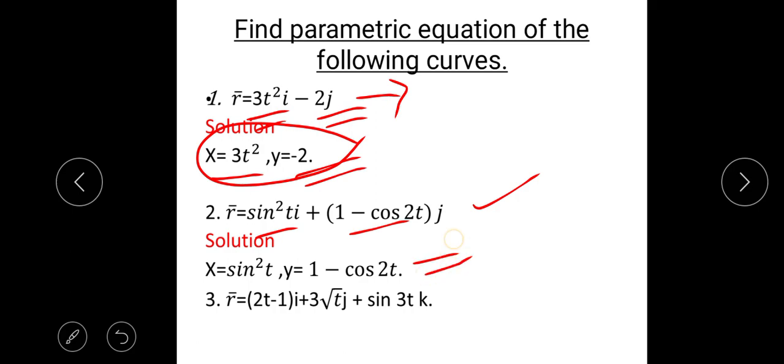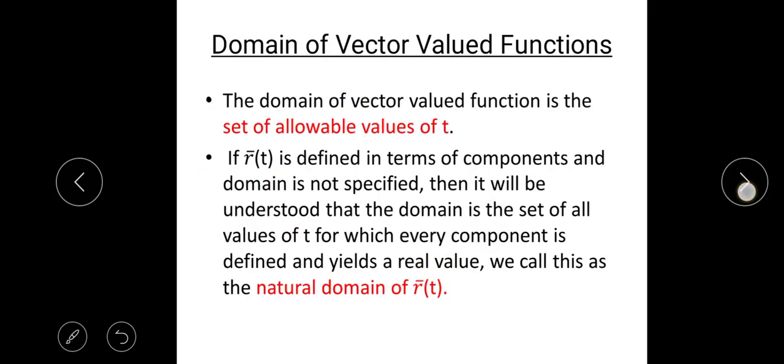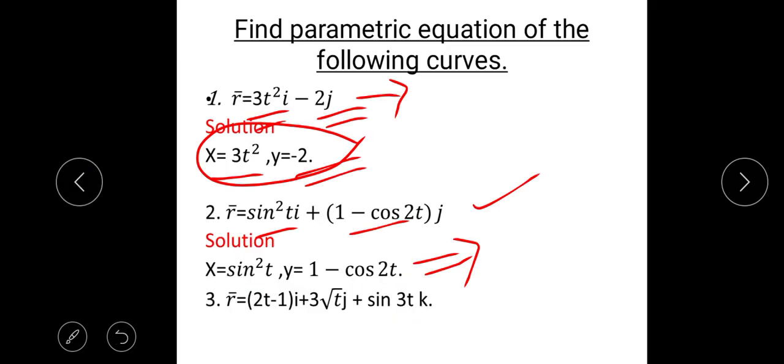This represents the corresponding parametric equation. And similarly, you can try question number 3. It is r is equal to (2t minus 1) i plus 3 square root t j plus sine 3t k. Try to write the corresponding parametric equation of the given curve.